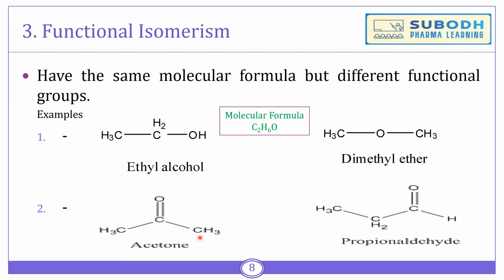And in the second structure, the functional group is aldehyde as C=O is attached to H. The molecular formula of this structure is same, that is C3H6O, but they contain different functional groups. In functional isomerism, the compounds have the same molecular formula but different functional groups.